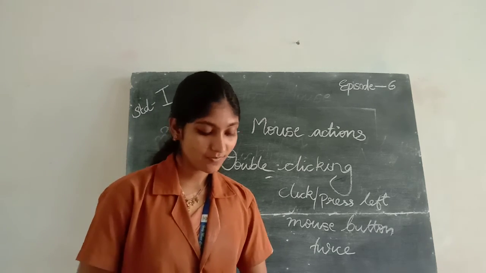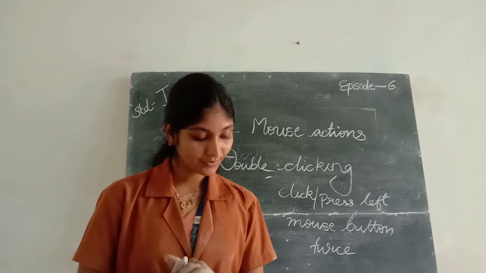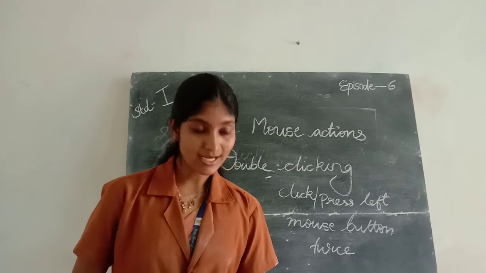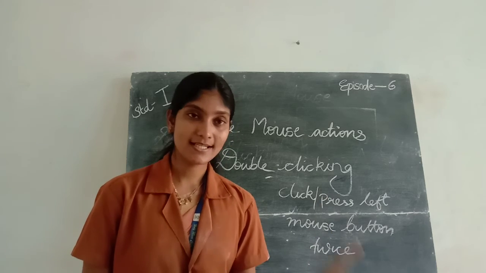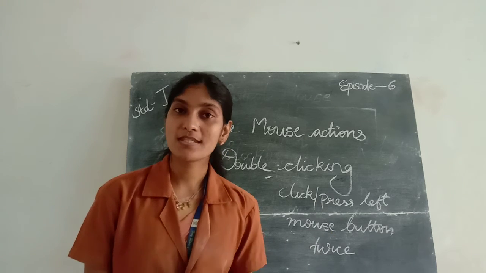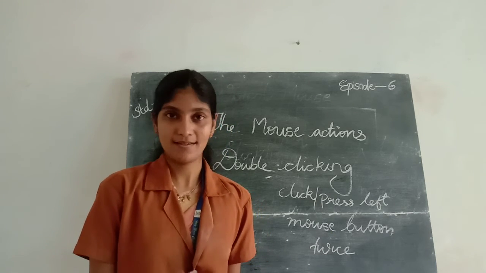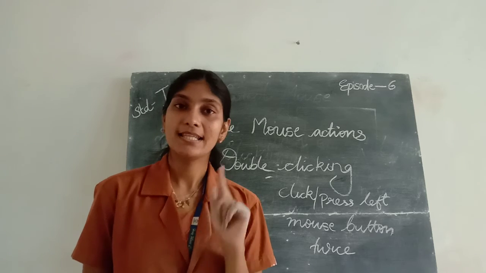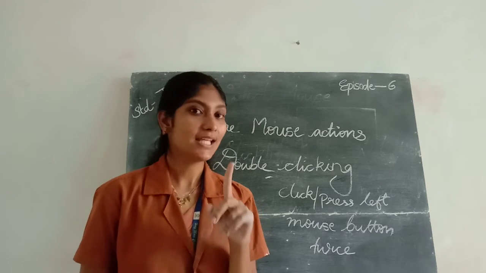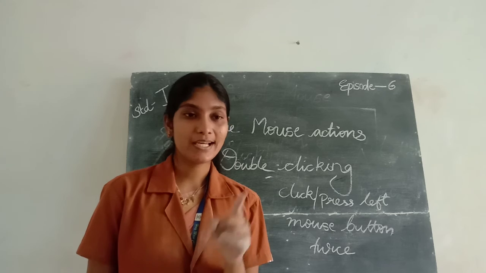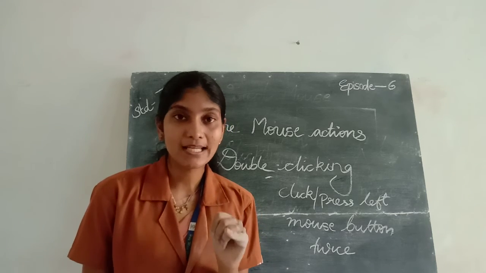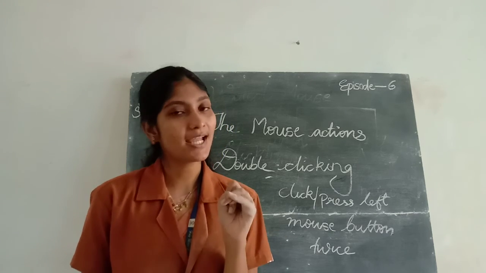So what are the things we have learned today? First, here we started a new chapter. What is its name? Using the mouse. Mouse is a pointing device. Then how many buttons? There are 2 buttons. Then there is a scroll wheel in between them. What are the buttons? Left button and right button.